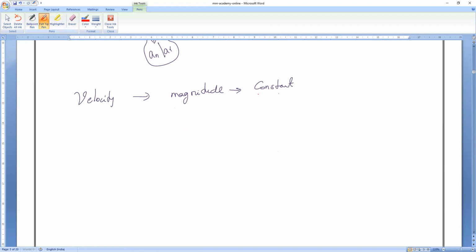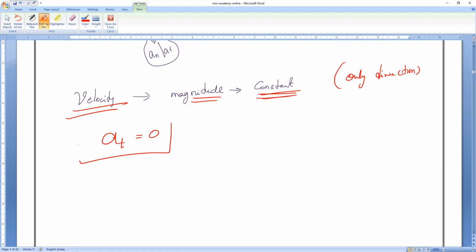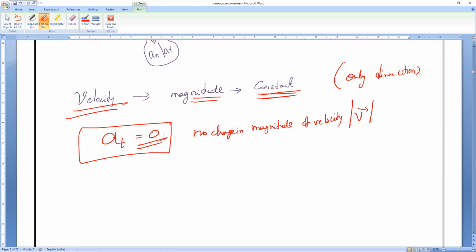Centripetal acceleration, meaning velocity changes only by direction. Whenever the magnitude remains constant, there is no change in the magnitude of velocity, so the change is 0. So what is the tangential acceleration? Zero.